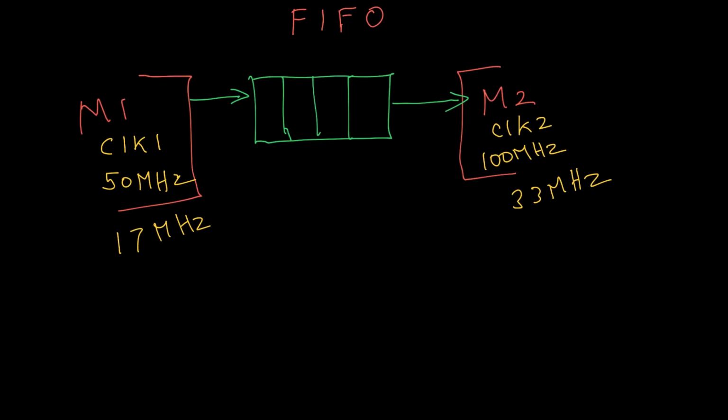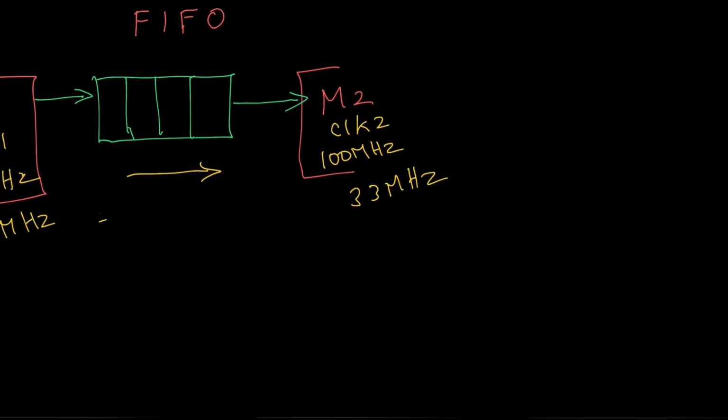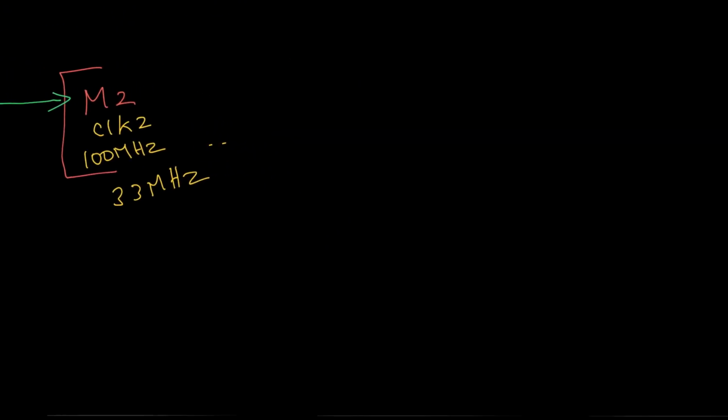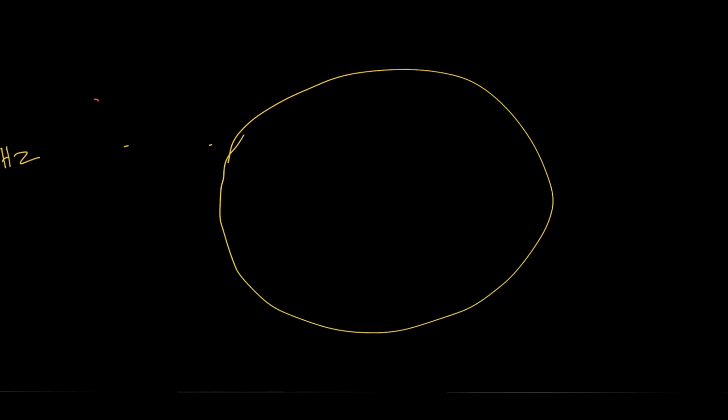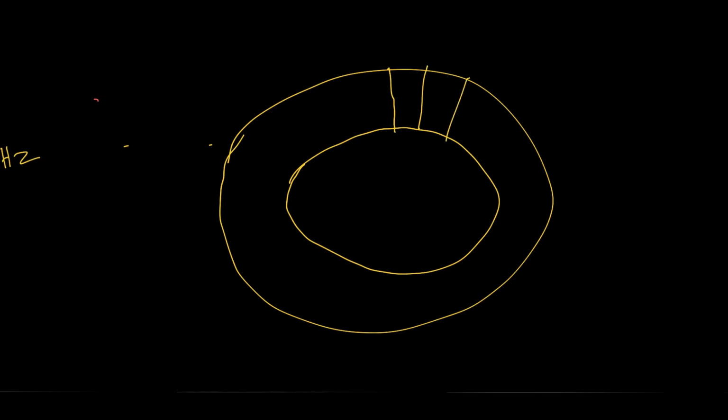Even though it is a queue, we usually have a circular buffer so that you can continue the queue without any break. Let me show you that. So this is your buffer and it's folded. Let me draw the address spaces.